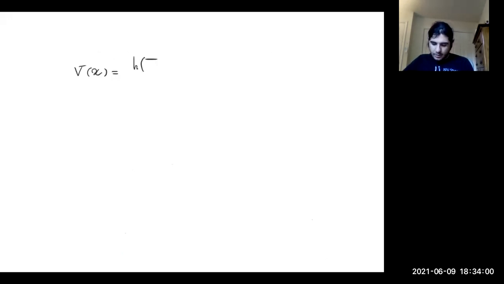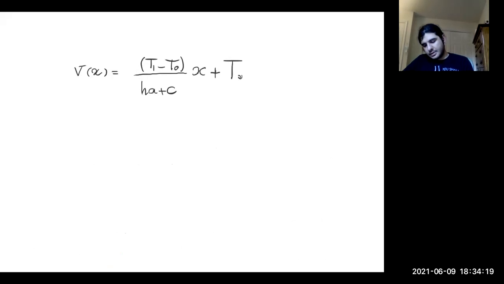H T1 minus T naught over, no, sorry, H was not there. HA plus kappa times X plus T naught. So this is our steady state solution.